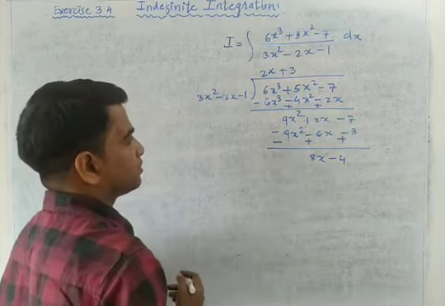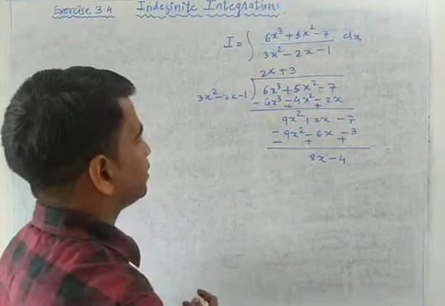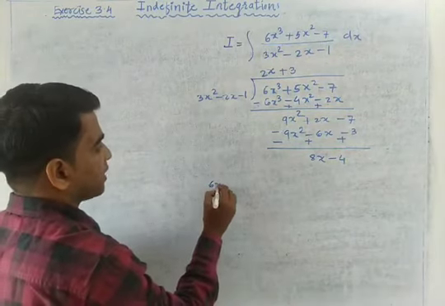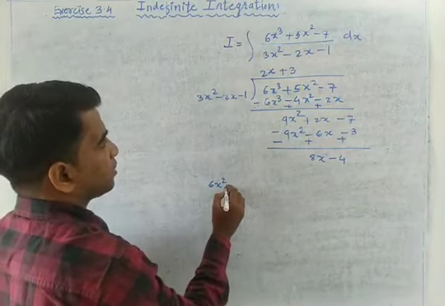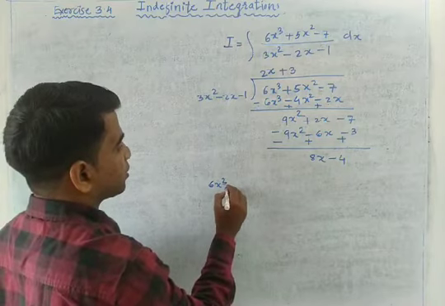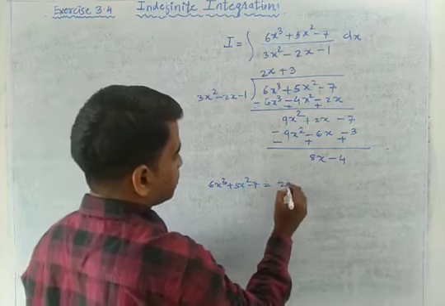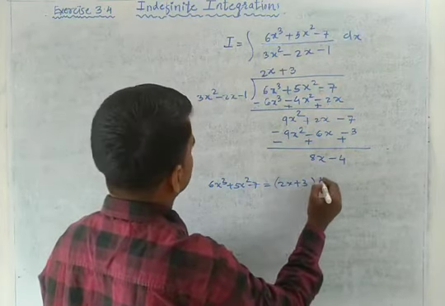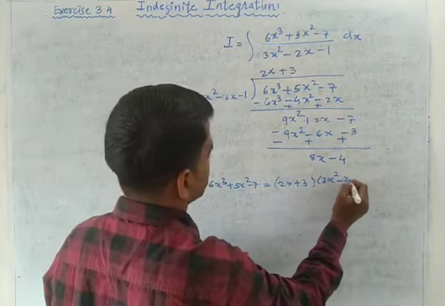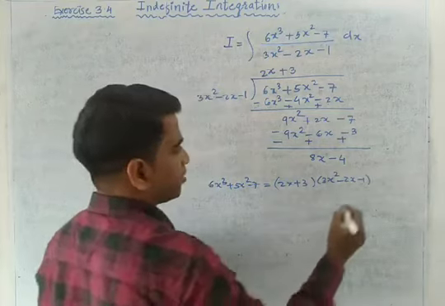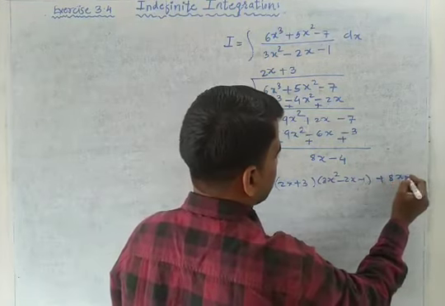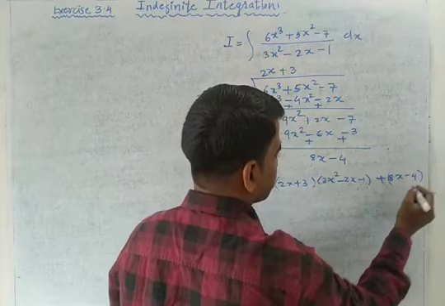Now how to write the numerator: 6x cube plus 5x square minus 7 is equal to 2x plus 3 into 3x square minus 2x minus 1, plus 8x minus 4 remainder.